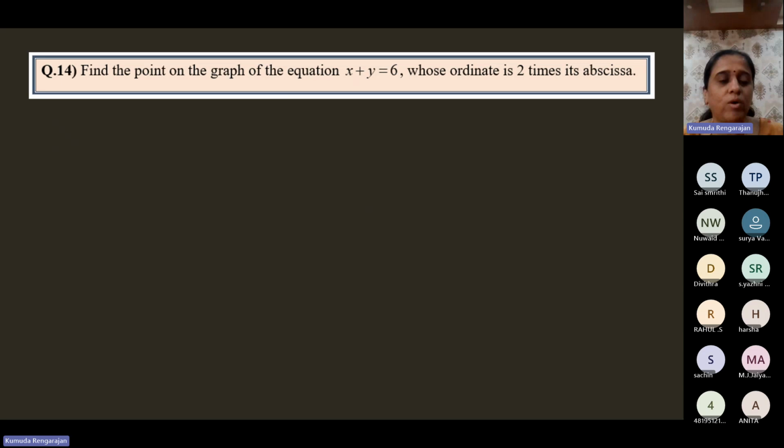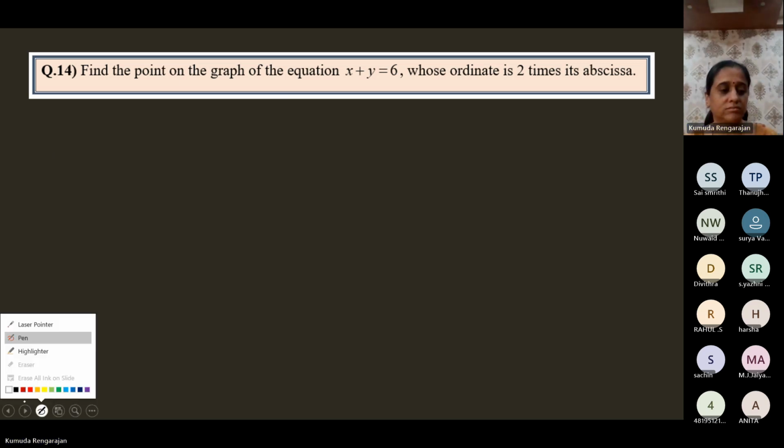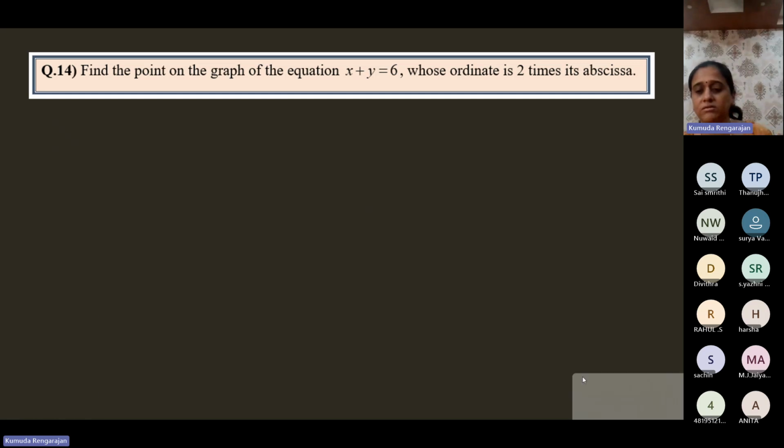Find the point on the graph of the equation x plus y is equal to 6, whose ordinate is 2 times its abscissa.